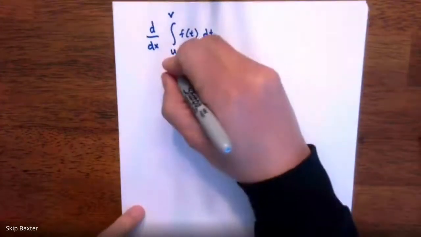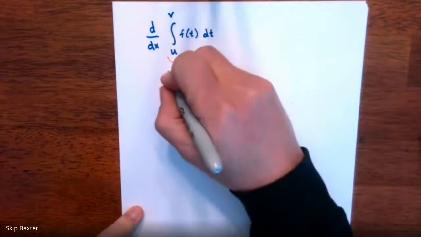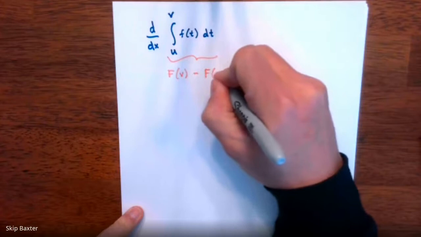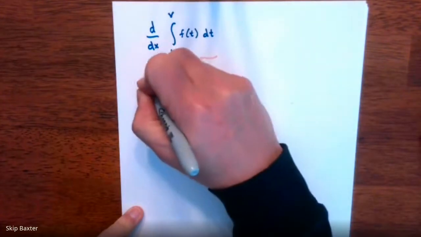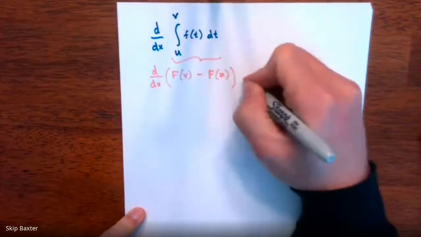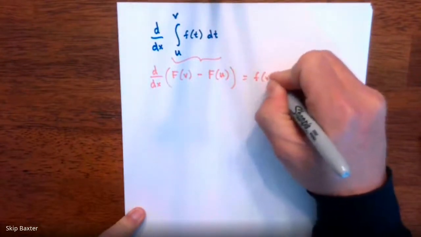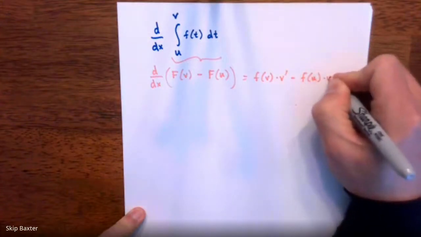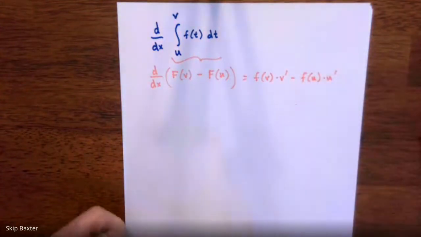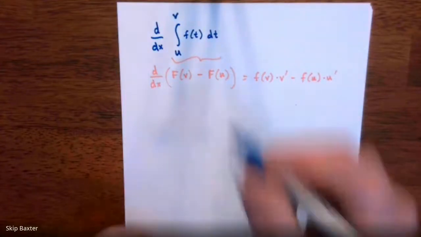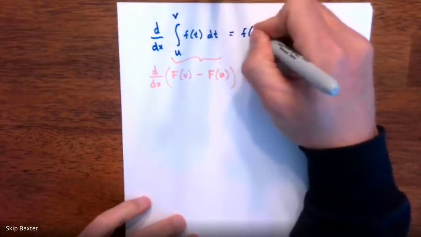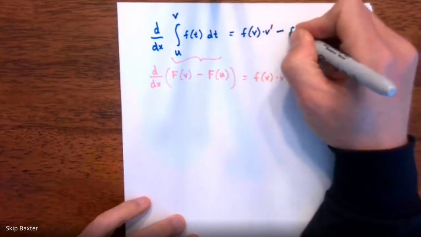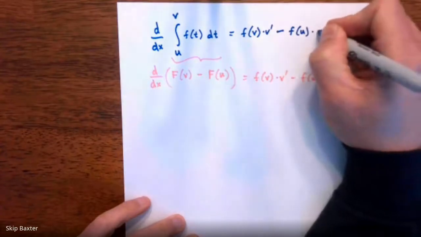I could say this integral part is really just going to be F of v minus F of u. Well, what's the derivative of that? The derivative of that would be little f of v times v prime minus little f of u times u prime. And that's it. That's what this is. This is just going to be f of v times v prime minus f of u times u prime.